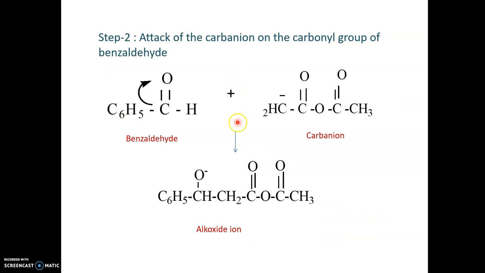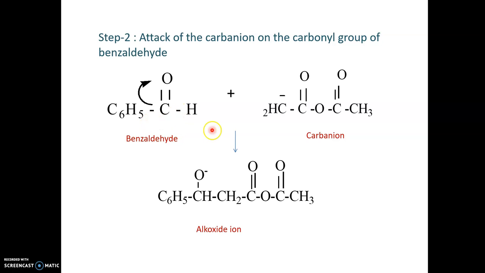The second step in the Perkin reaction is attack of the carbanion on the carbonyl group of the benzaldehyde. So for convenience, we'll write the structure of benzaldehyde as C6H5-C double bond O, H. Because of the pi bond, the electrons are pulled more towards the oxygen, getting a partial negative, and carbon gets a positive charge.